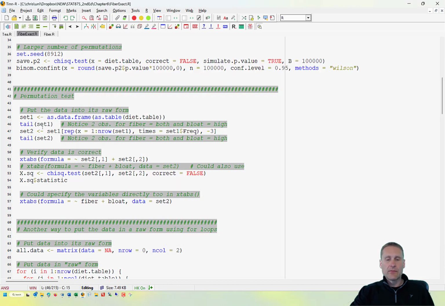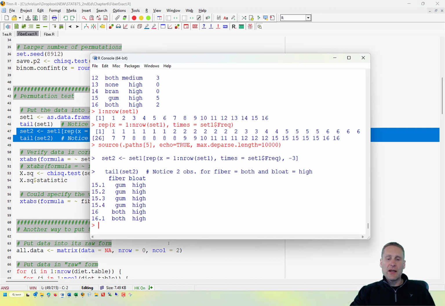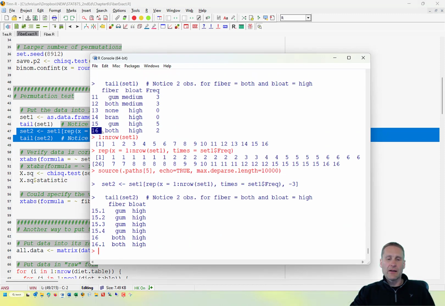Okay. Now, what I'm going to do now with set 1, left square bracket, I'm going to put all those row numbers into here for the row number part of referring to parts of this data frame by row and column. So what's going to happen then is it's going to actually repeat some of our rows. And it's going to repeat the ones that we want repeated. So again, I had 2 times, I had both and high.